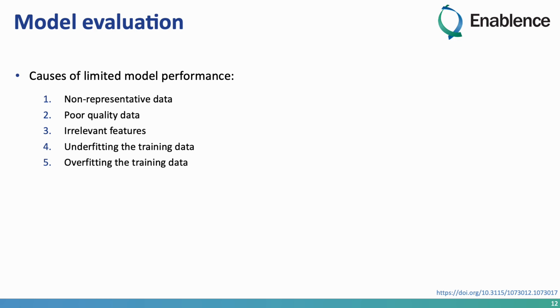Very often, the causes of limited model performance in machine learning have to do with data. So first, we could have non-representative data. It might sound obvious when I say that training data must be representative of the new cases we want the model to generalize to, but in practice, this could be challenging. If the data set is too small, it is subject to sampling noise, and a data set of any size can be subject to sampling bias.